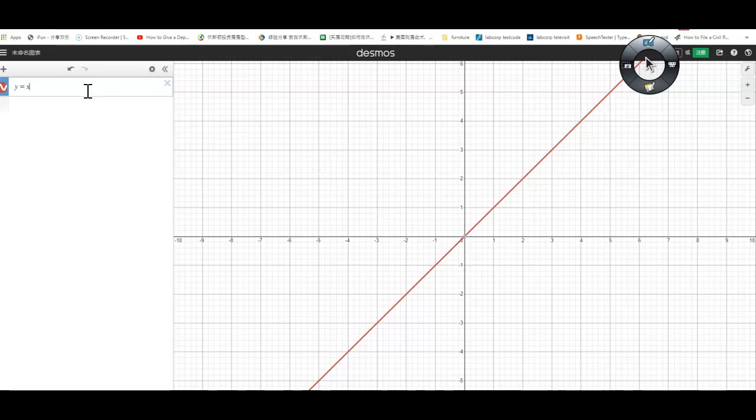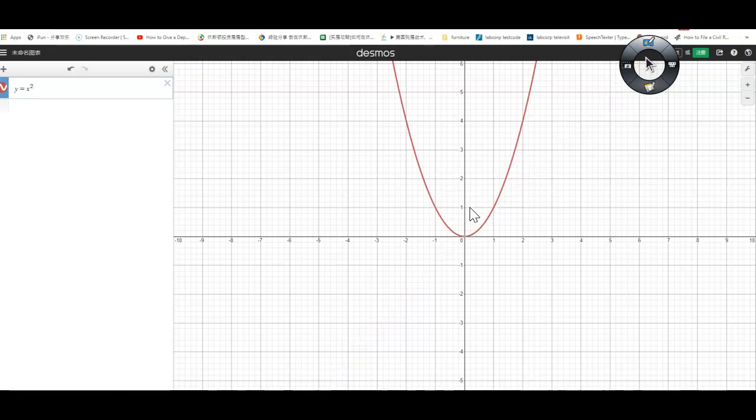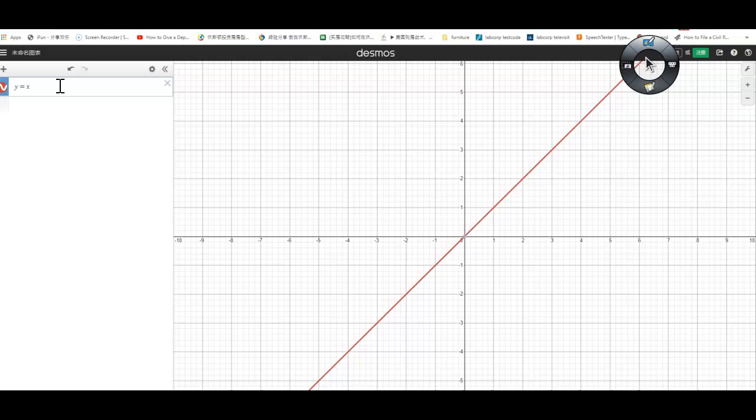The next is the quadratic function, which is y equals x squared. Okay? And it is a parabola going through 0, 0. The next parent function is the radical function, which is y equals square root of x.